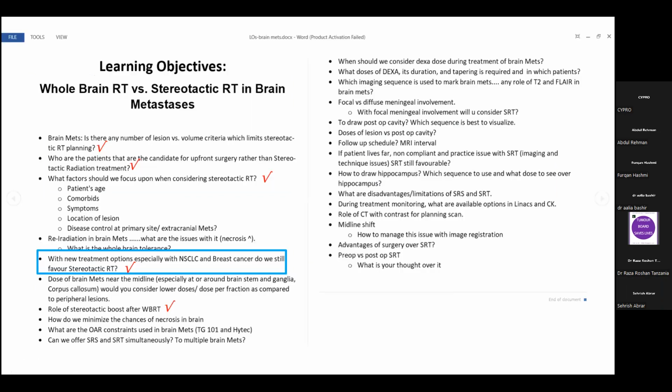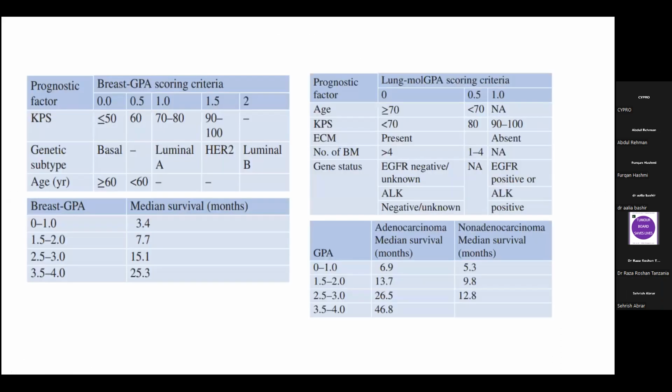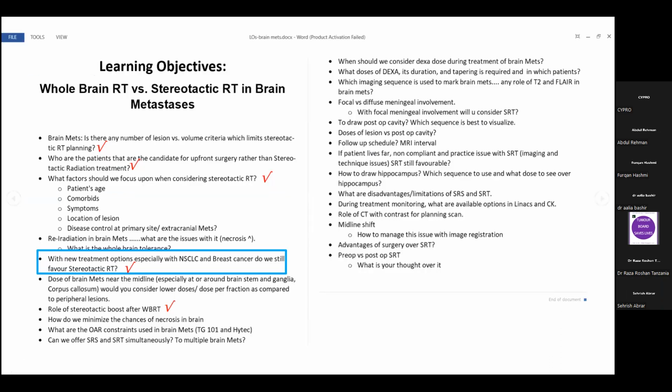So the other learning objective: what new treatment options, especially in lung cancer? Okay, we have already discussed the prognostic idea, so it is related to the same receptor status. What new treatment options, especially with non-small cell lung cancer and breast cancer, do we still favor stereotactic surgery?